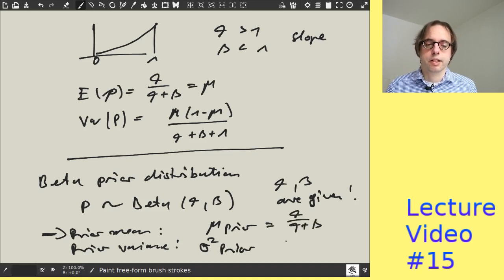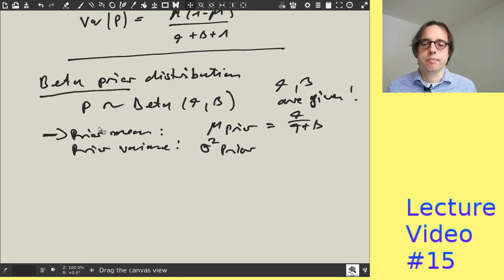So it's a function of alpha and beta, and the same with the sigma prior, because it has the same function as above. And this kind of allows us to choose alpha and beta. So if we know roughly where we expect it to be, what the variance is, then we can get an idea what alpha and beta we should specify.